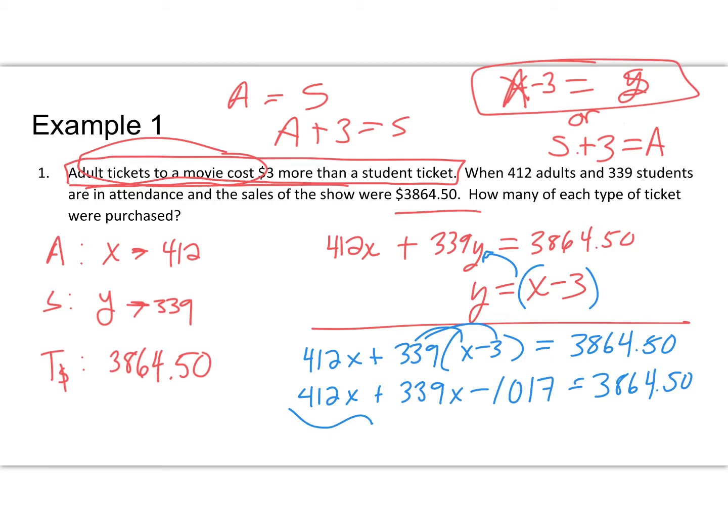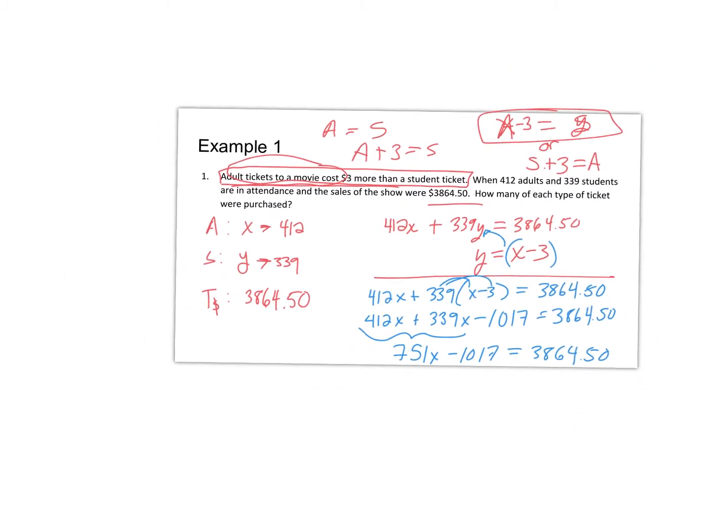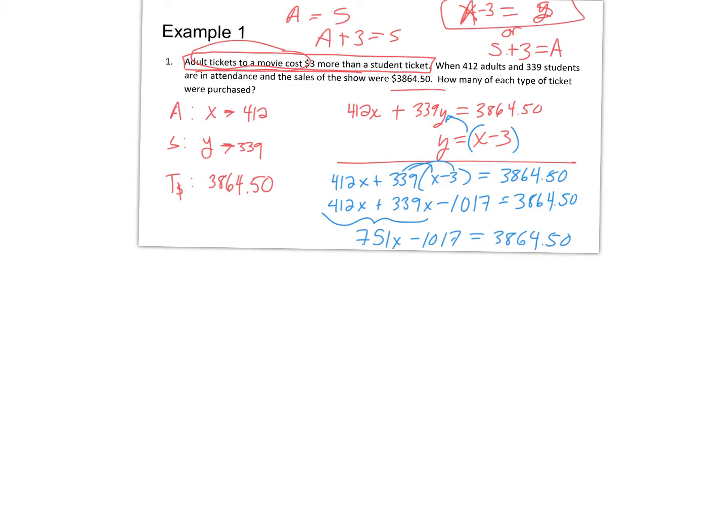Now I'm going to combine my like terms here. 412 plus 339 gets 751x minus 1017 equaling 3,864.50. Okay, so now I'm going to move this over.